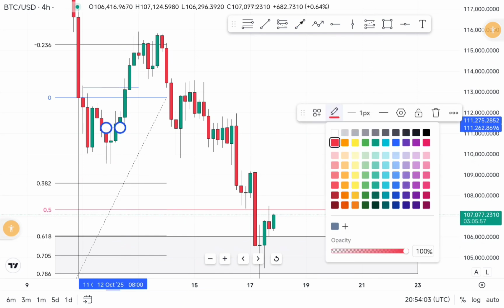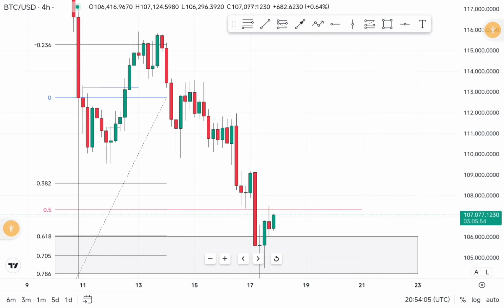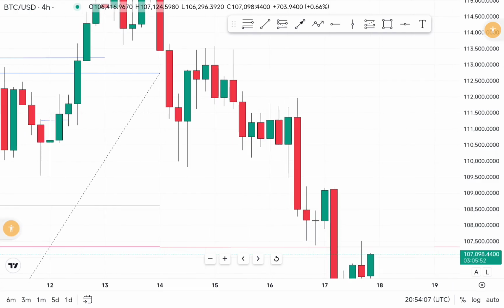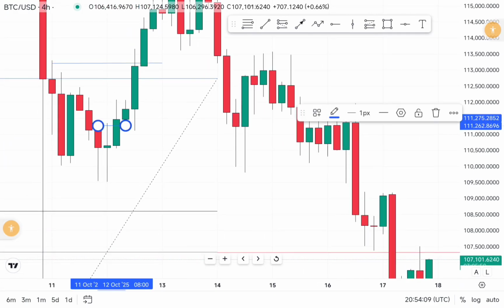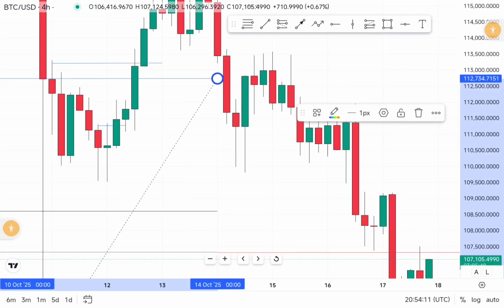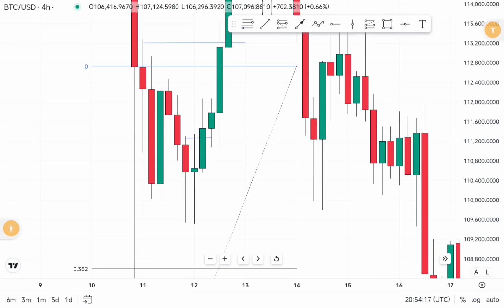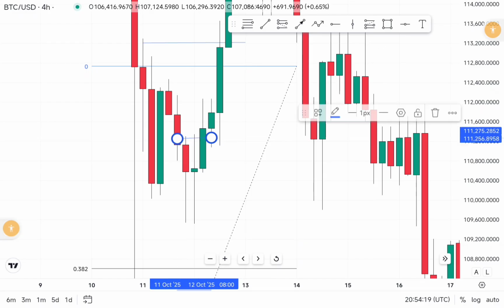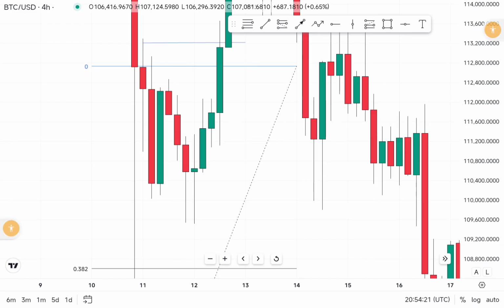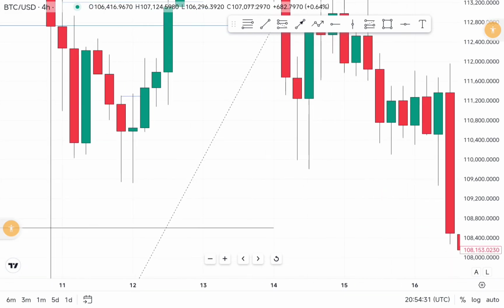So as you can see, the bullish candlestick closed above the high of the previous candlestick. That signifies another change of character upward in the lower time frame, that is the 4 hours time frame.